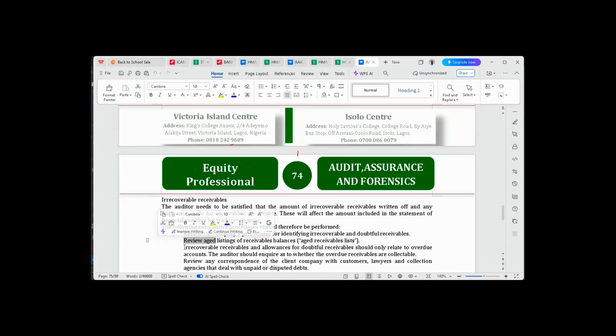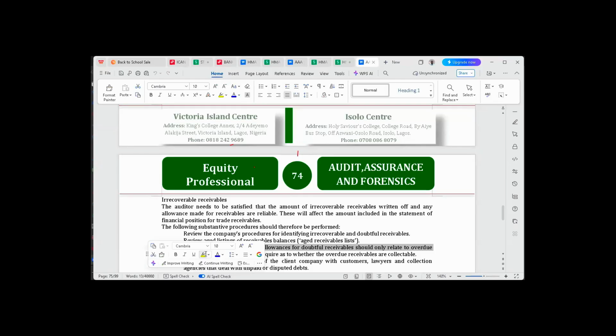Then you also need to ensure that the irrecoverable receivables and allowances for doubtful receivables only relate to overdue accounts. You understand what I'm saying? There are times when you make sales within 2 weeks or 1 month that might still be within the allowable period.